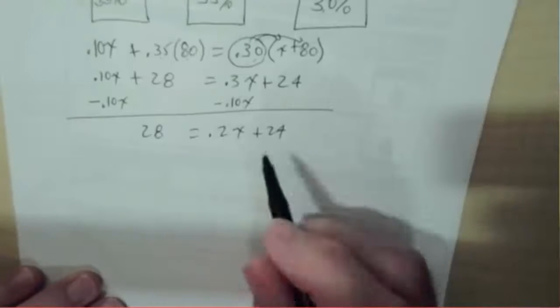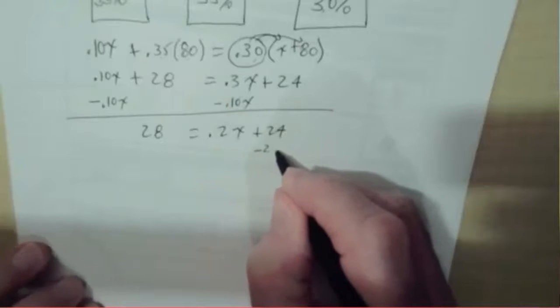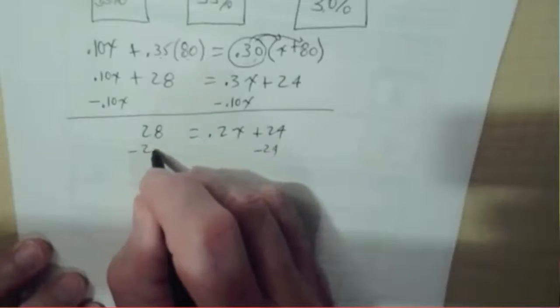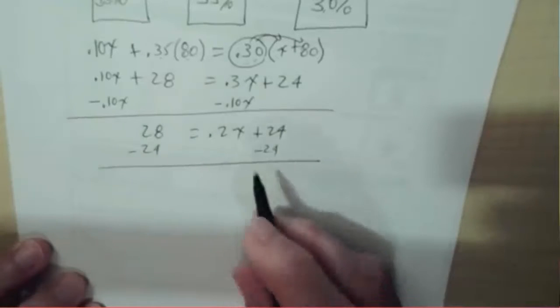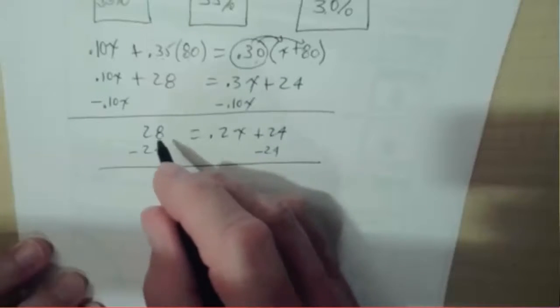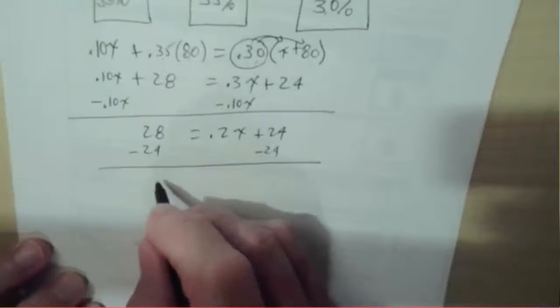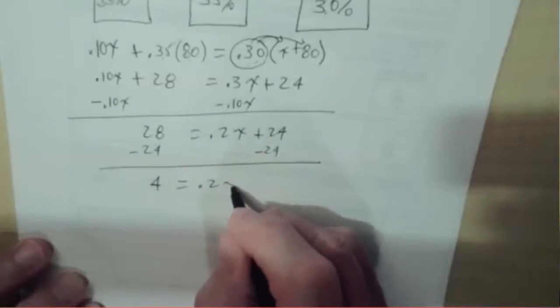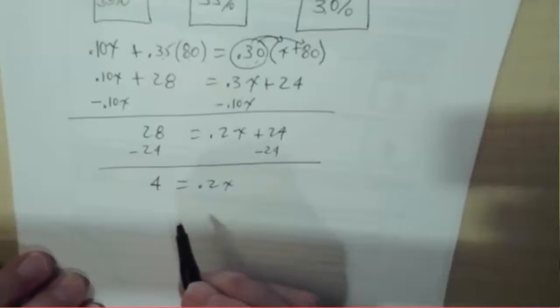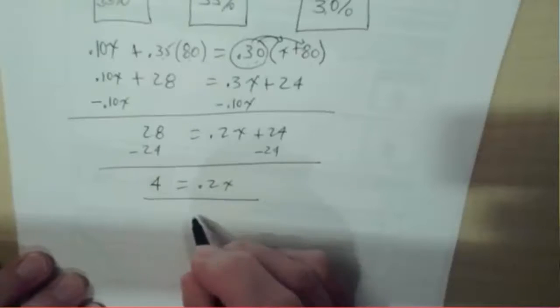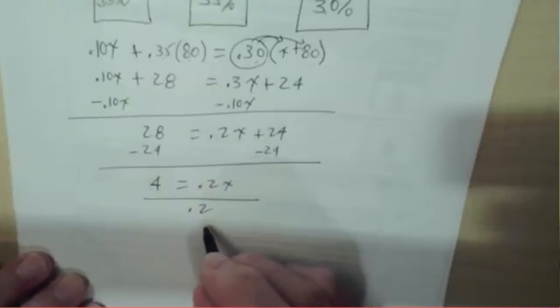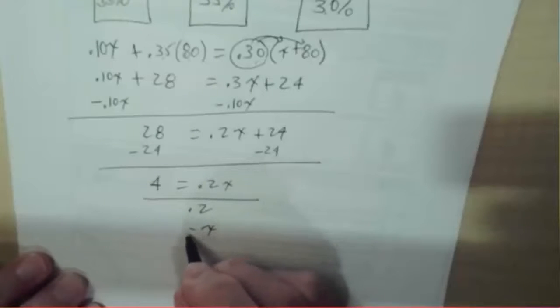So subtract the 24 from each side, and we get 28 minus 24, which is 4, equals 0.2x. Right? Now we divide everything by 0.2, and we get x equals 20 liters.